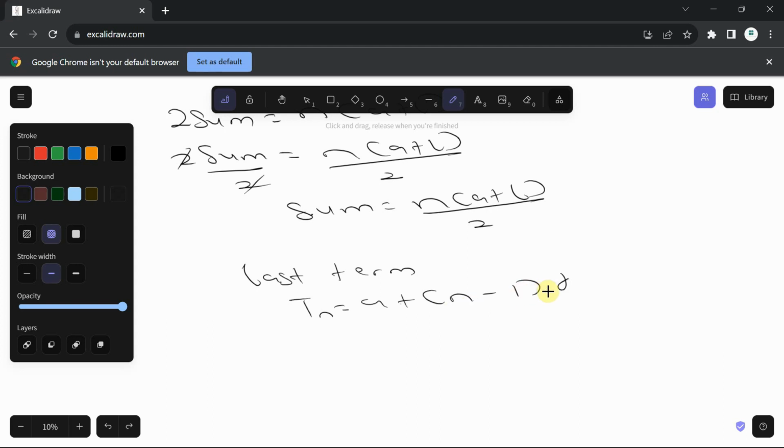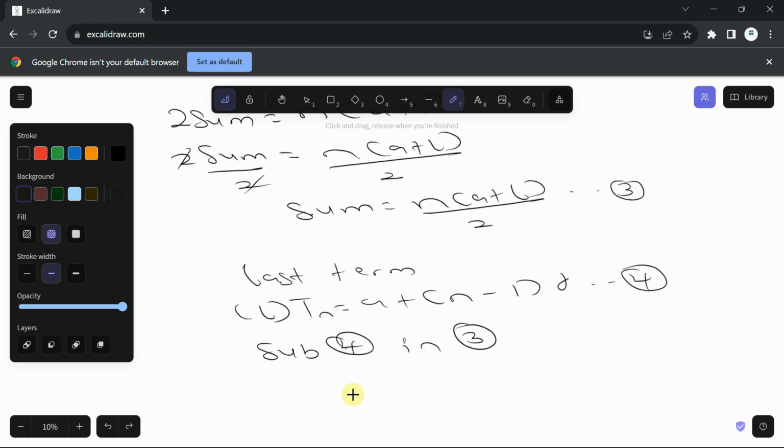So I can substitute this, and let's say this is equation 3 and this is equation 4. So substituting equation 4 in equation 3, this Tn is the same thing as the last term. Don't be confused, this is also the L, which is the last term.